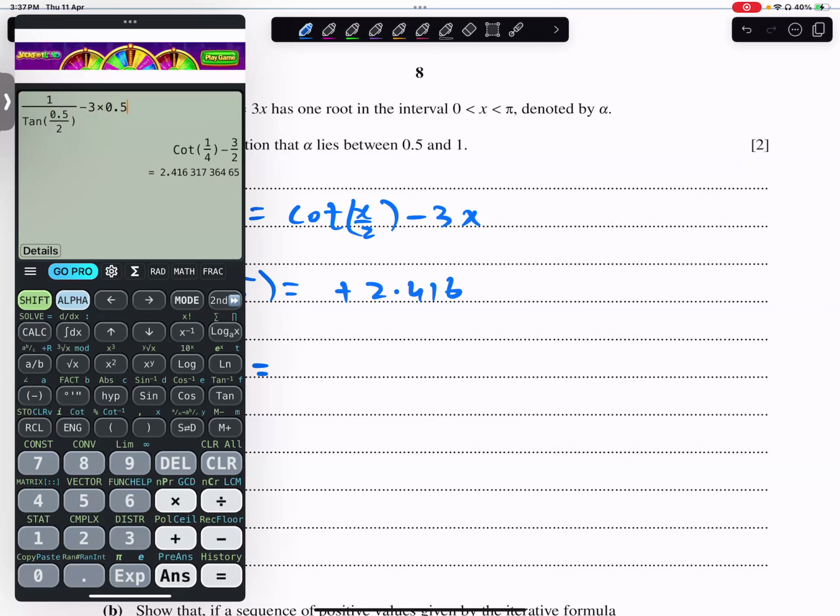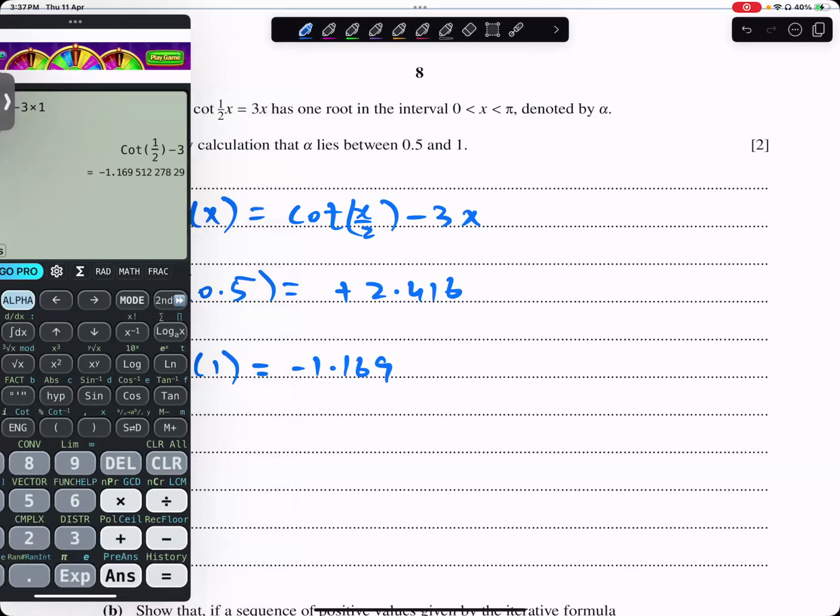And then you will put 1. This will be minus 1.169. So change of signs.